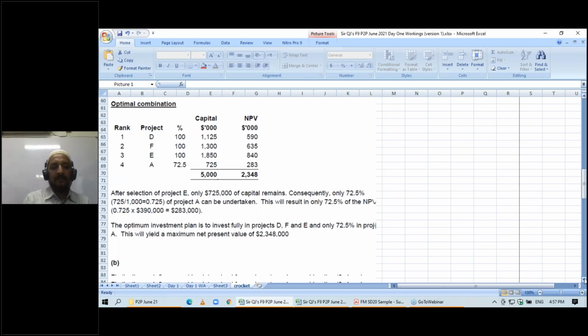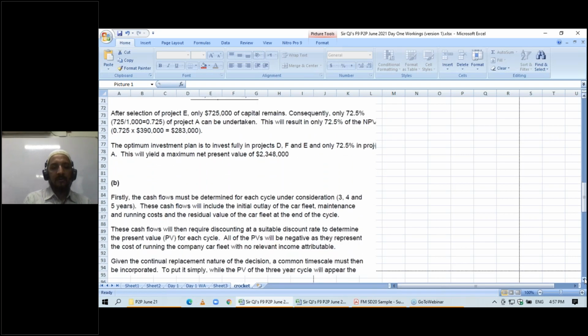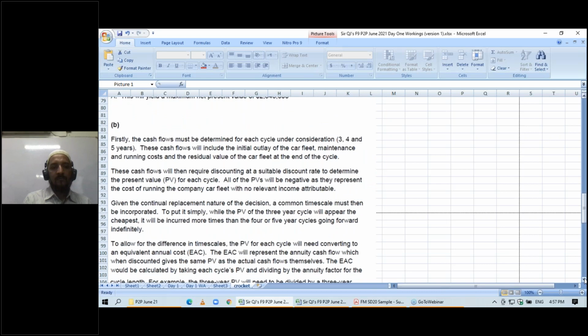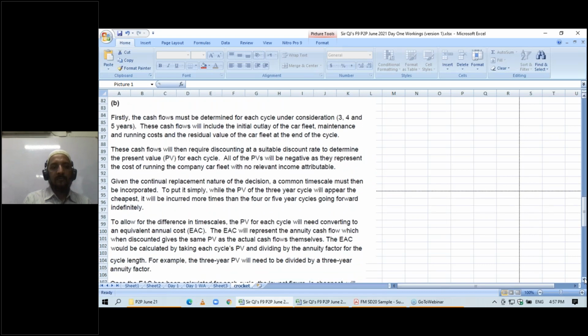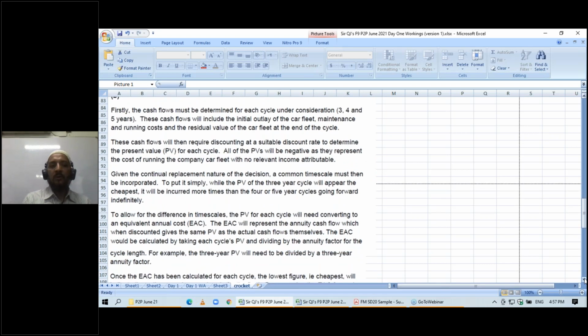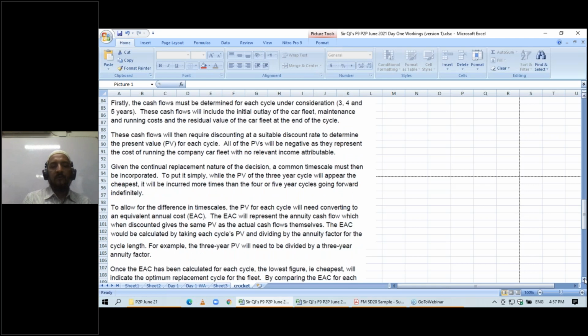Then part B. This was regarding the equivalent annual cost method, which we discussed in the previous class.